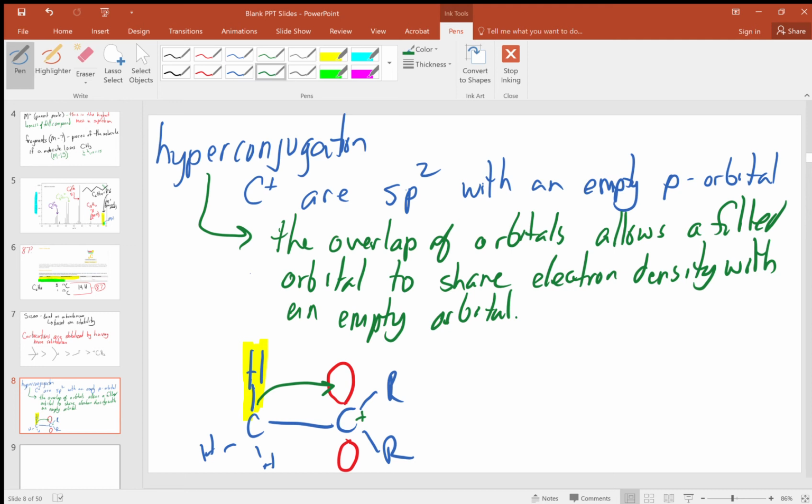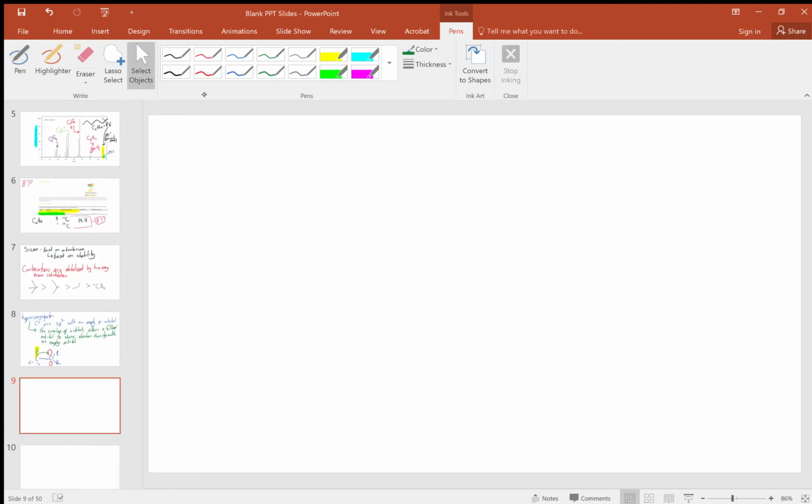In addition to this effect, the other major item that can help to stabilize carbocations, probably not surprisingly, is resonance.